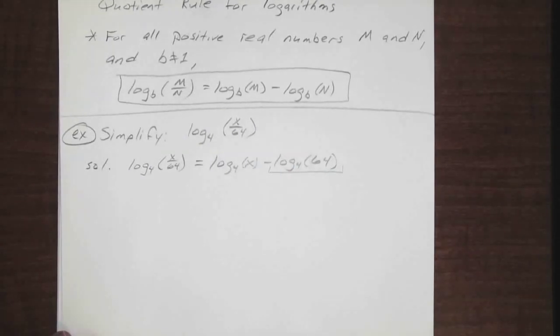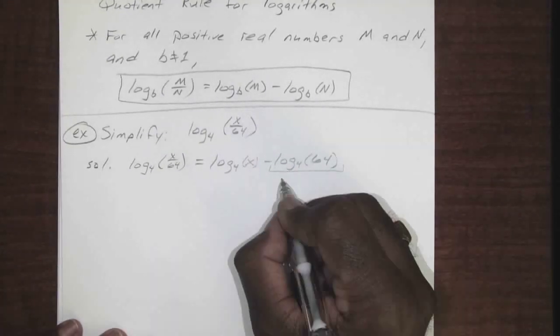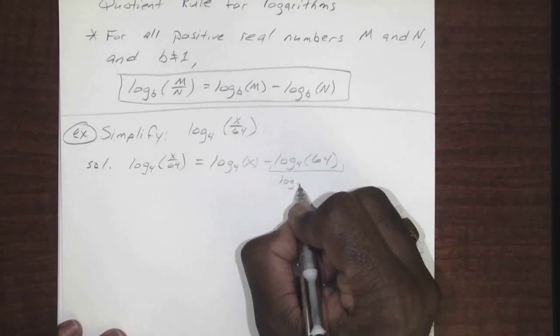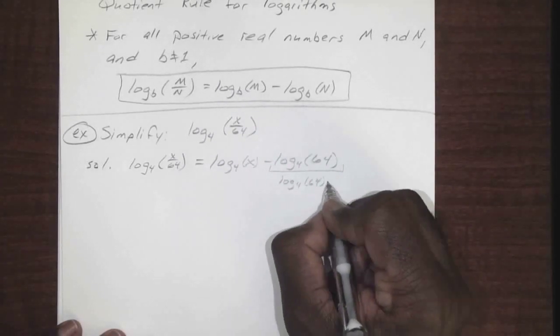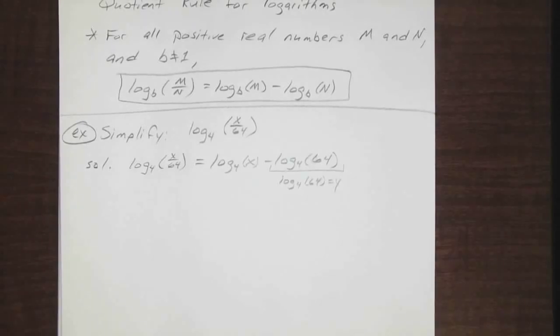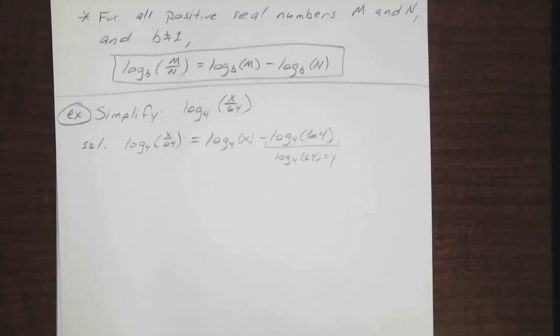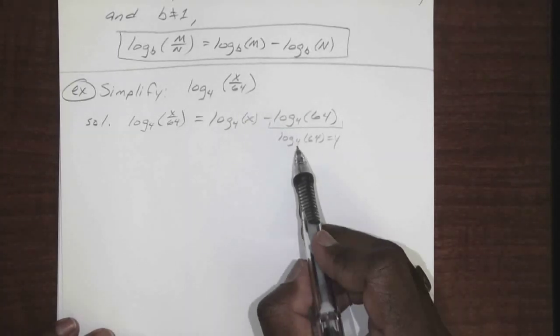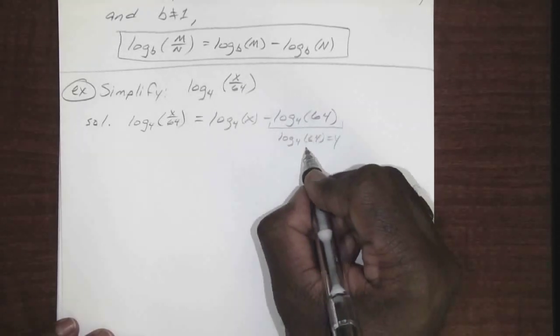This one, you can sort of see a relationship between 4 and 64. So you have log base 4 of 64 equals y. Okay, so we know that 4 to the power of y equals 64.